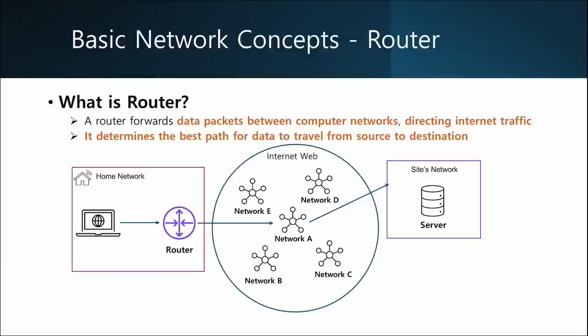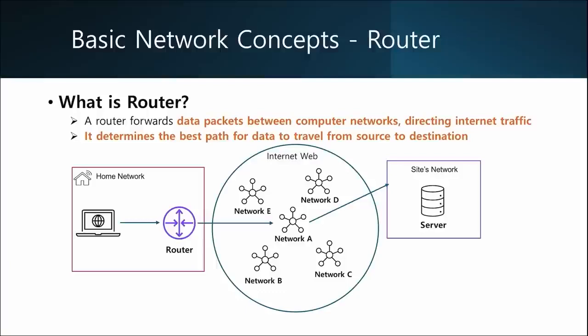Next, let's learn about routers. A router is a critical device that forwards data packets between computer networks, managing and directing Internet traffic. It is a device that determines the optimal path to efficiently transmit data from the source to the destination. First, the router receives a data packet through its network interface, and the packet contains a source address and a destination address.